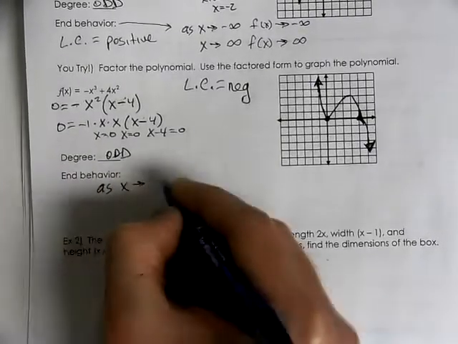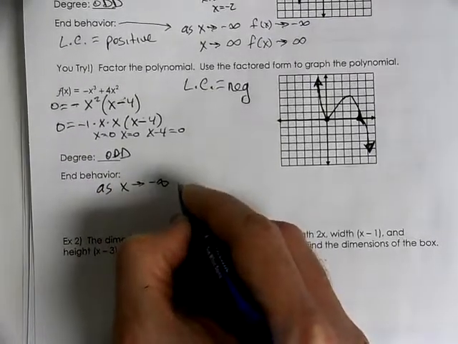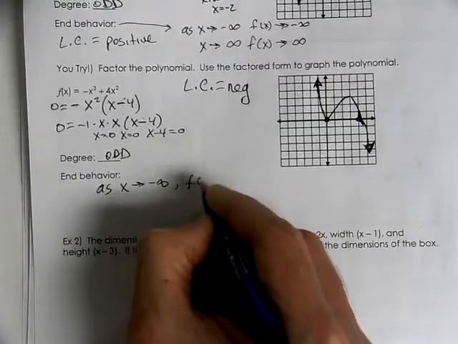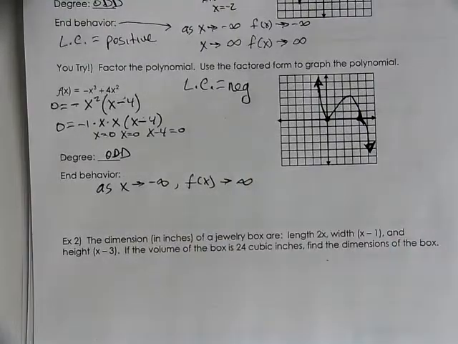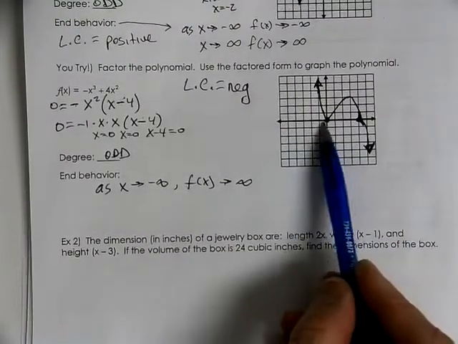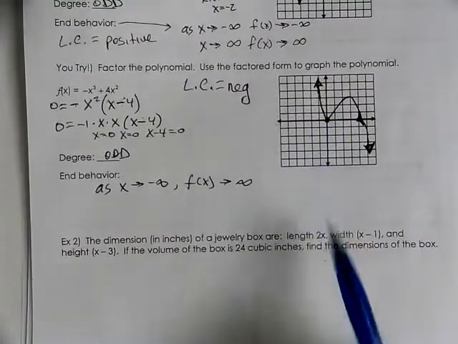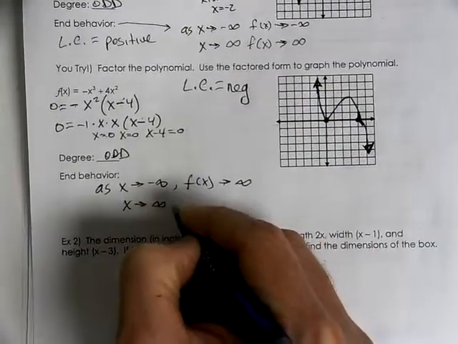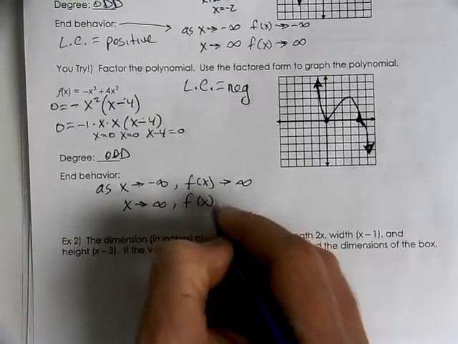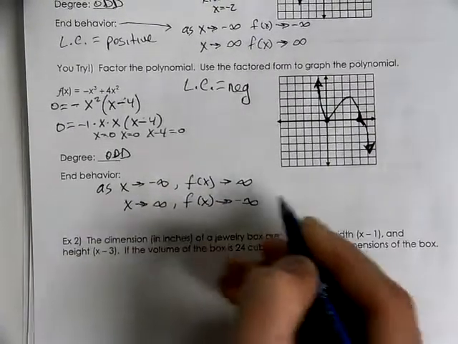As x approaches negative infinity, f of x approaches positive infinity. It increases. As we move to the left, the graph goes up. As x approaches positive infinity, the graph goes down.